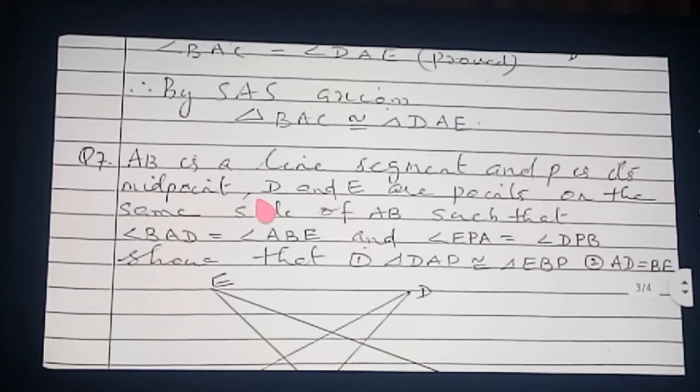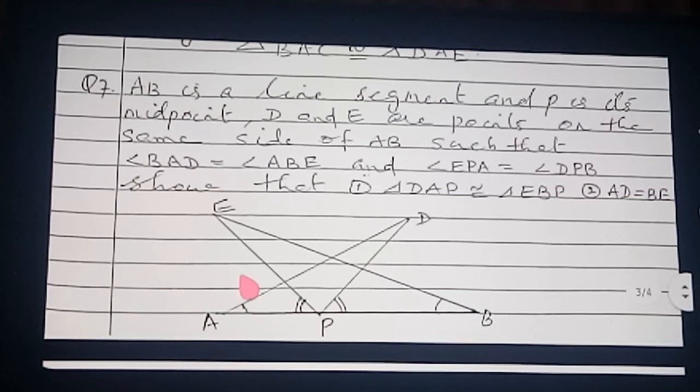D and E are points on the same side of AB such that angle BAD, which angle is that? Angle BAD. The diagram is confusing, but by listening properly you can get it. Angle BAD comes at angle A. And angle ABE.